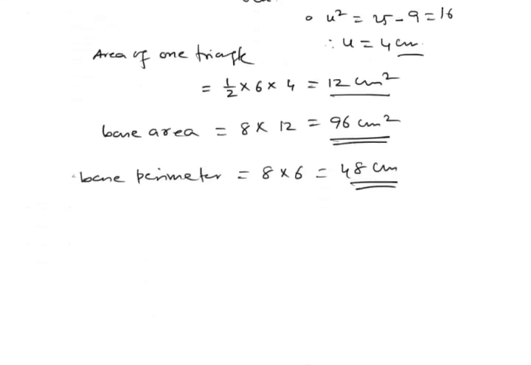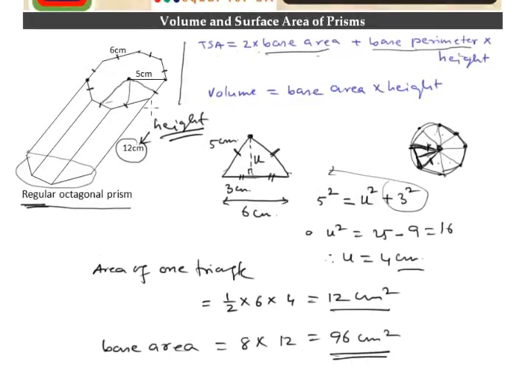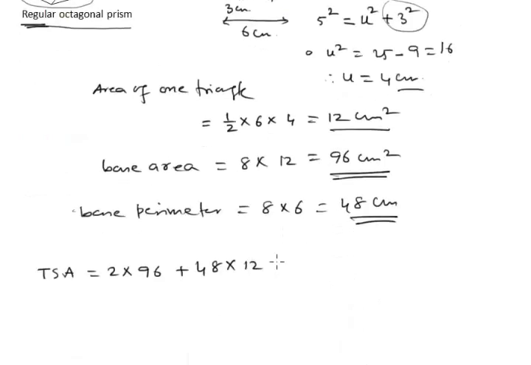So let us find it. Total surface area equals 2 times base area, which is 96, plus base perimeter, which is 48, times the height of the prism. The height of the prism is 12. So if we calculate it, we will get 768 cm square.